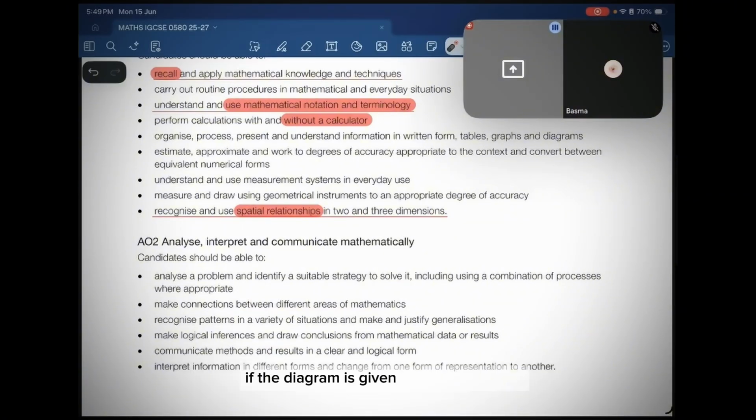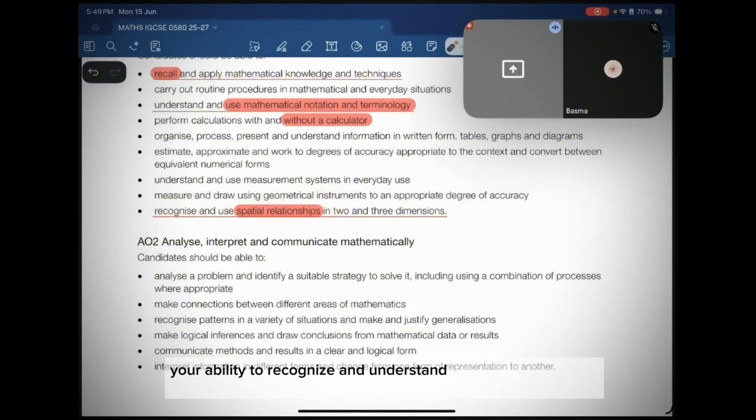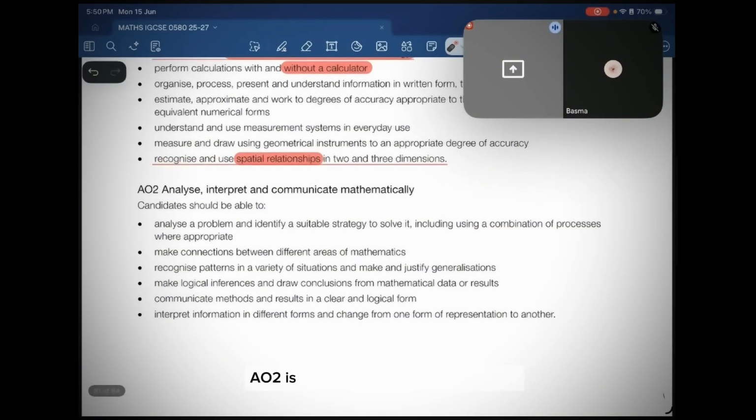If the diagram is given, sure, it will be nice, but if the examiner does not give the diagram and only gives a statement, then the entire burden is on your visualization, your ability to recognize and understand whatever fancy word this is, spatial relationship. Clear, Bisma? Oh, yes. Excellent.